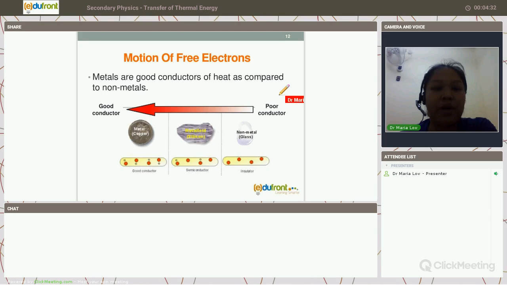So that explains why metals are good conductors of heat as compared to non-metals. Reason being, metals have free electrons that help to carry the energy faster along the path in comparison to non-metals, which do not have these kinds of free electrons.